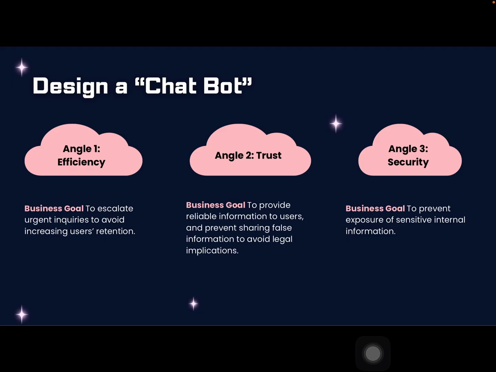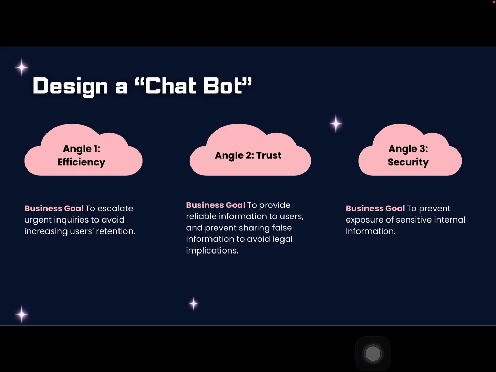A second angle we have here is trust. The goal is to provide reliable information to users and prevent sharing false information, to avoid legal implications. Additionally, the bot needs to stay within scripted, verified responses and never provide unverified promises to the user.